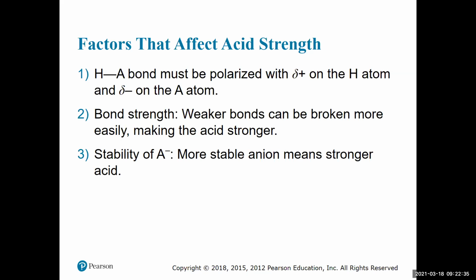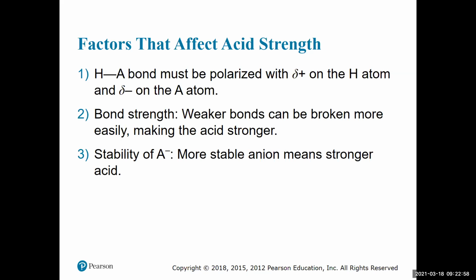The bond strength, the weaker the bond, the more acidic it's going to be, right? Because if that bond's real strong, you're trying to lose a proton. If that bond is real strong and the proton doesn't want to be lost, it's not going to be a very strong acid. So weaker that bond, the stronger the acid.